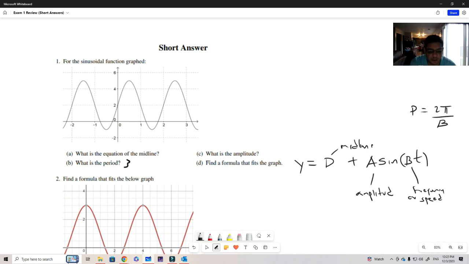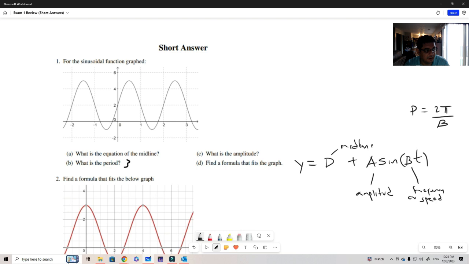Okay, so with this information, there's a couple of things that we can find out. So first, the midline is going to be the middle between the maximum and the minimum. Here we have that this is between, we'll say here -5, -1 approximately, and 5.